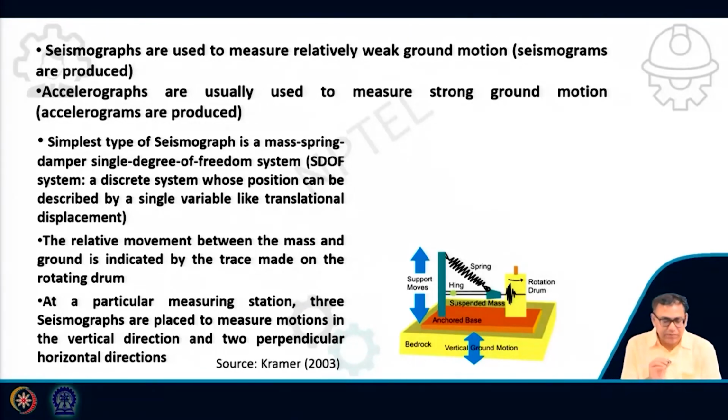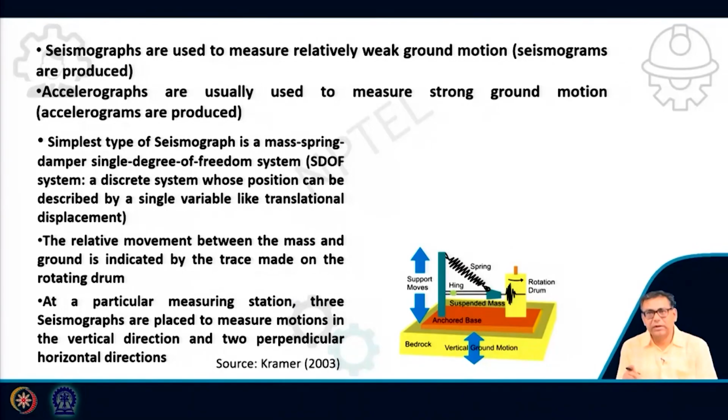But remember that seismographs generally measure relatively weak ground motion and produce a seismogram. I have shown in the last module what a seismogram is, where you get the P wave, S wave and the surface wave and their displacement amplitude.